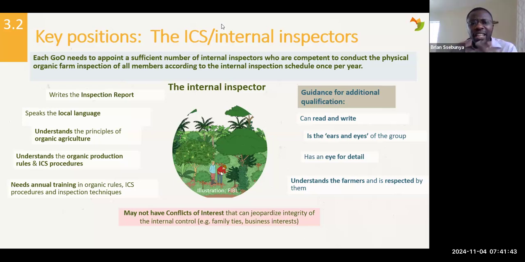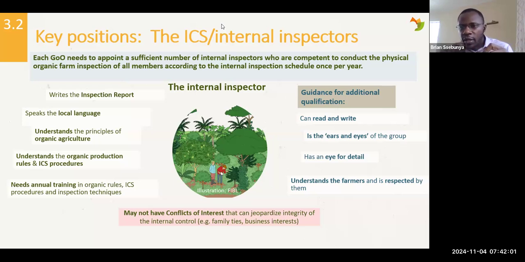Each group needs to appoint a sufficient number. That one is not prescribed. It is the ICS manager to determine the number of internal inspectors that are sufficient for that group of operators. Then I said who are competent.